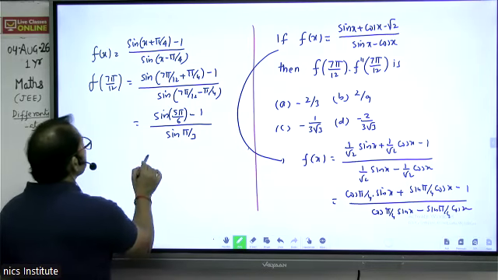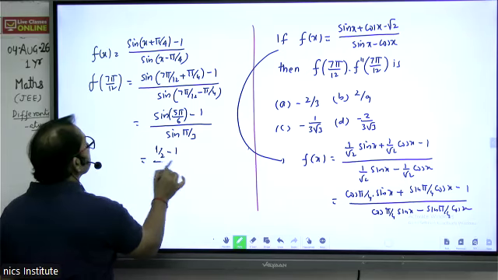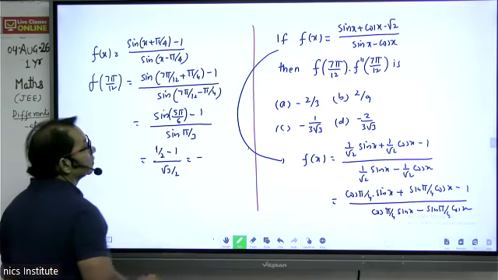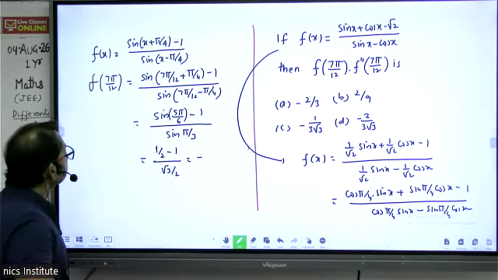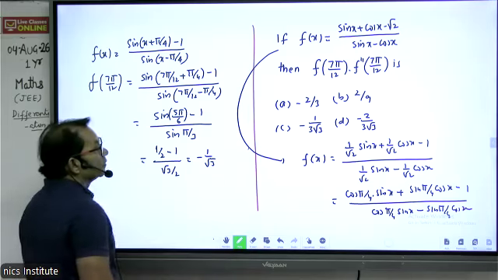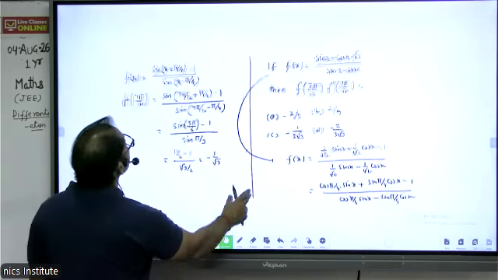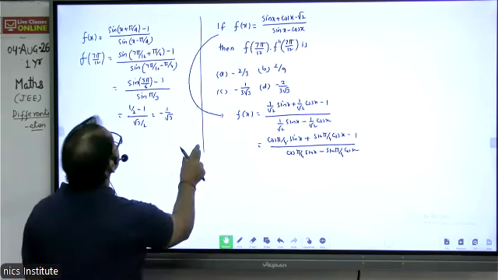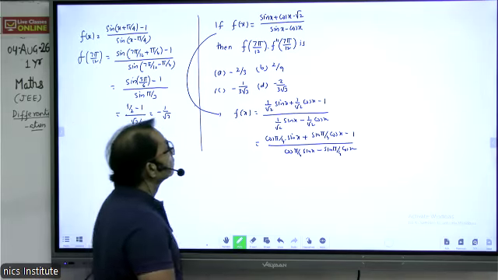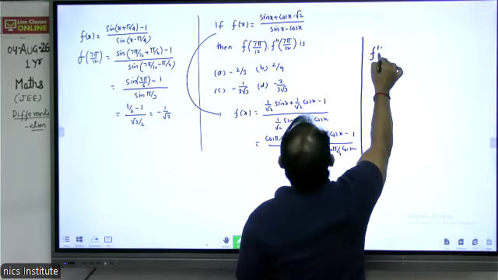Sin 30 is half. This is sin 60. So this would be minus 1 by root 3. And then you need to differentiate. Find f dash x.